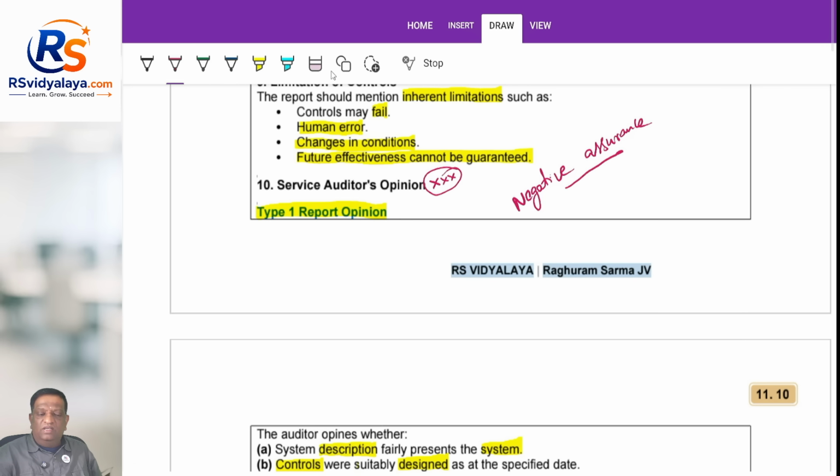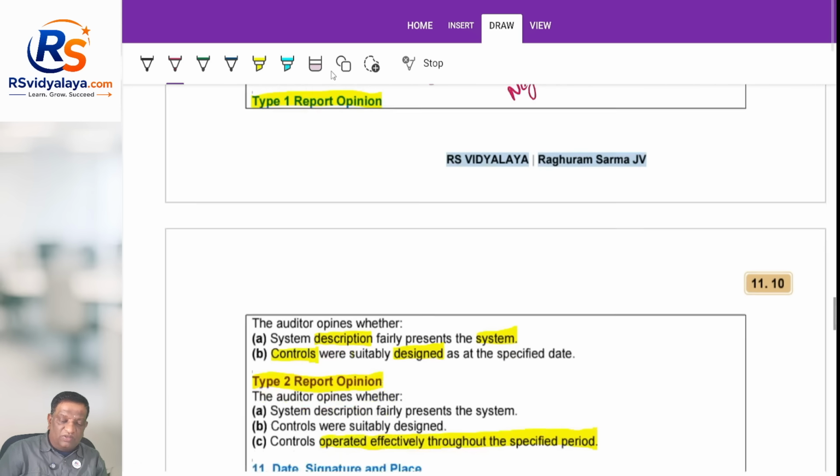It's a direct one. But here the auditor would say that nothing has come to my knowledge to say that the controls are ineffective. He is telling the same thing, that controls are effective, but instead of confirming that controls are effective, this service auditor confirms the negative, that nothing has come to his knowledge to say that the controls are not effective. That is why we call this a negative assurance. Mark that word.